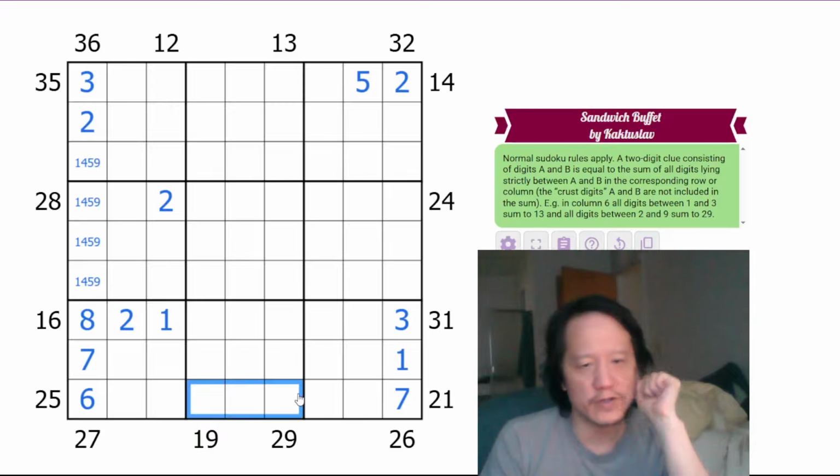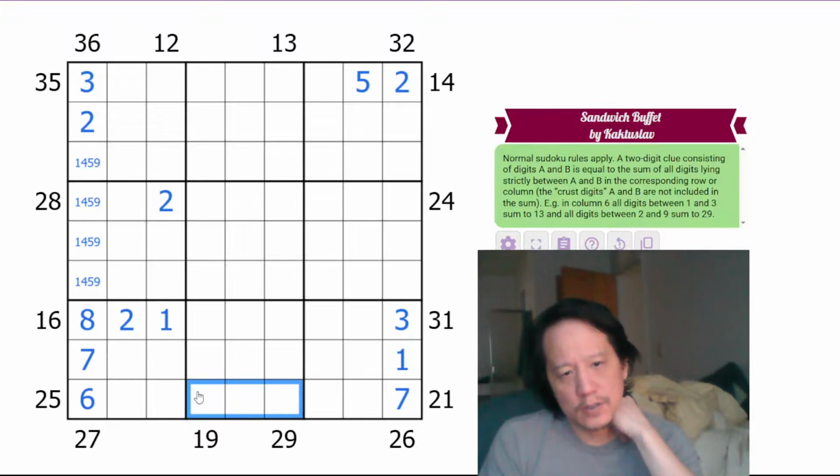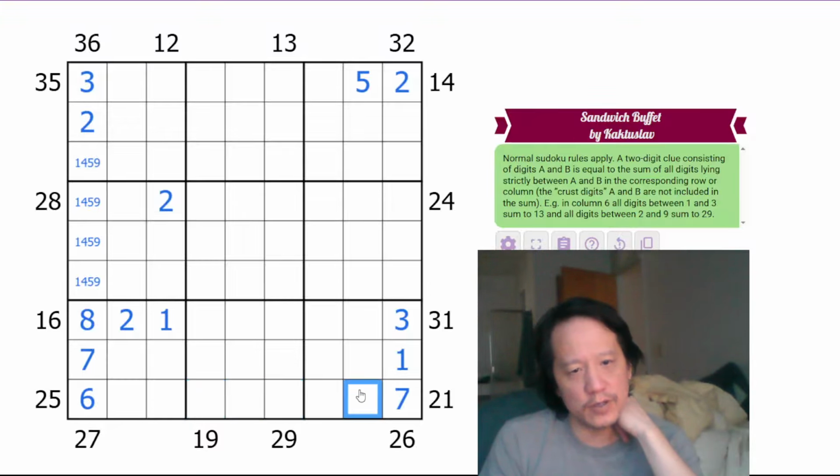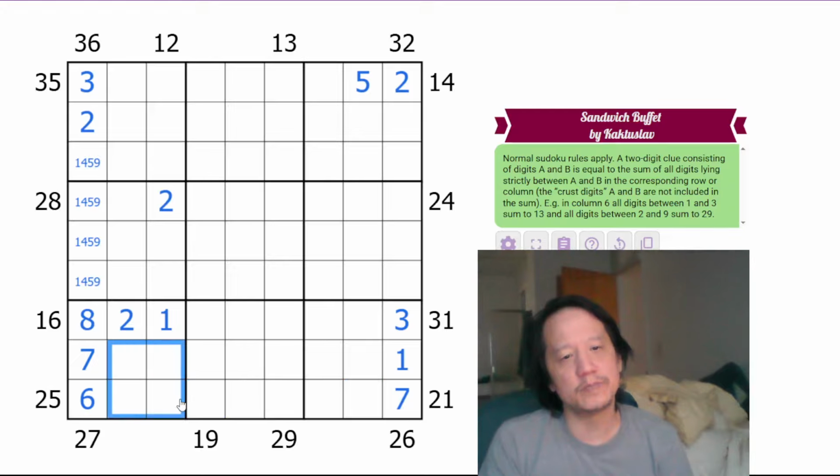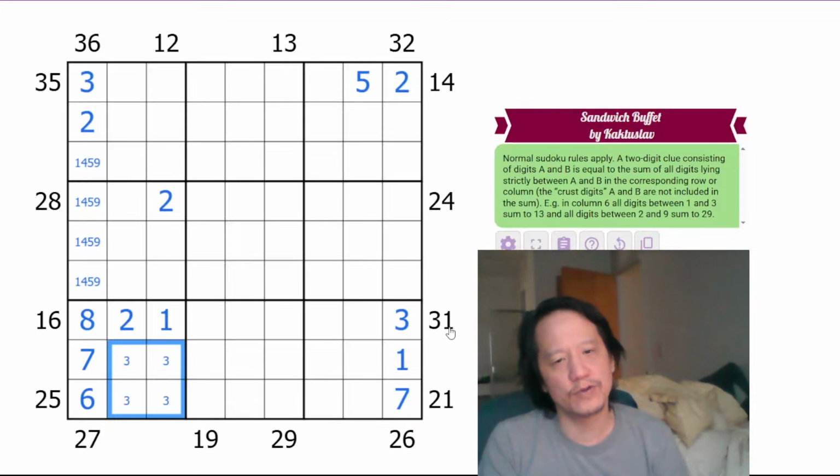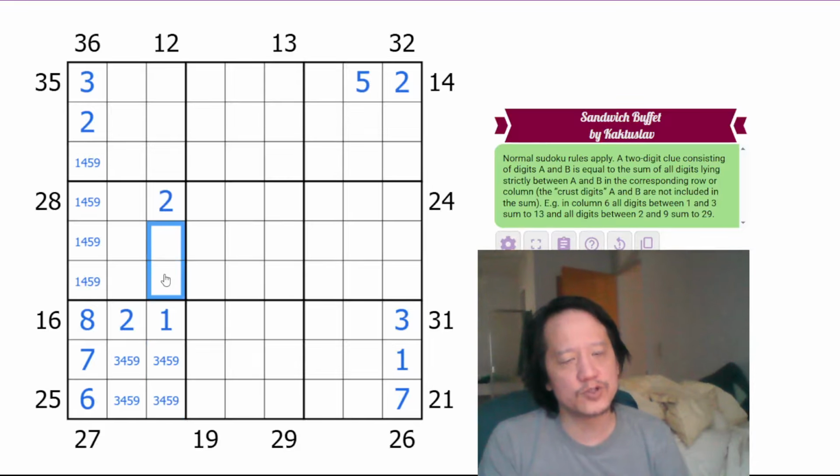So 1's one of these. If 1 is here, 2 would have to be here. That's possible. The remaining digits in box 7 are 3, 4, 5, and 9. Okay. To add up to 12, it's either 3, 9, 4, 7, or 5, 4, 8, or 5, 7.